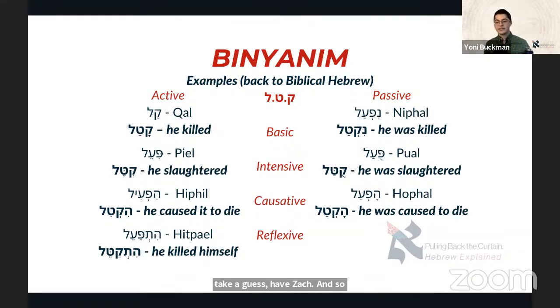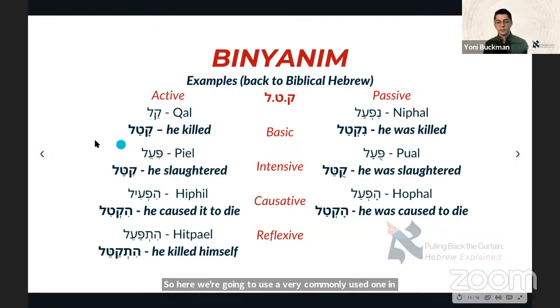One of the keys in identifying, especially the intensive and the reflexive constructions, is the presence of a dagesh chazak. So when you make the quintessential root that you're describing these constructions after, when the middle letter is a guttural that cannot take a dagesh chazak, it's not a very useful word to use. So here we're going to use a very commonly used one in Hebrew textbooks, katal.